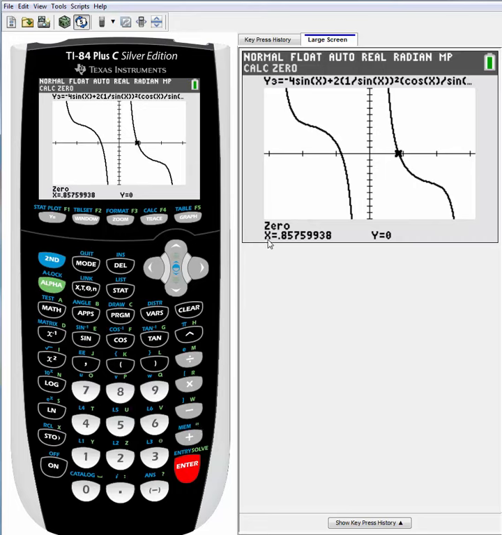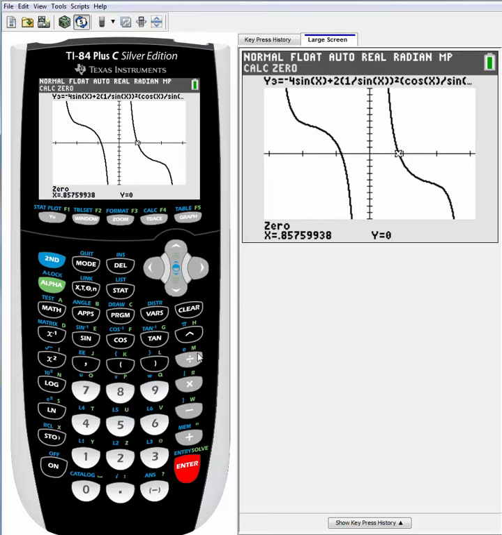So it's the same number, just opposite signs. So our possible points of inflection are negative 0.86 and positive 0.86.